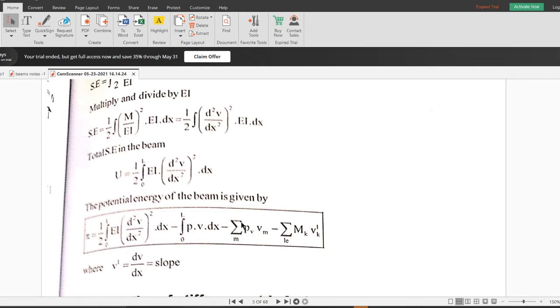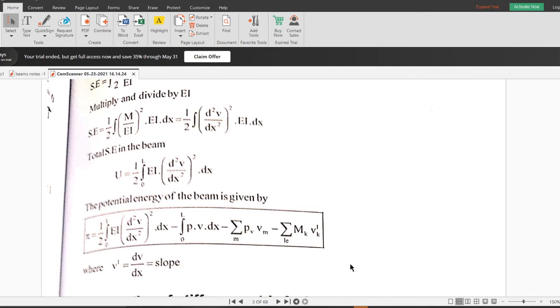The work potential for a point load is the summation of p into v at m. And for the bending load, that is the bending moment, it is M into v, where v stands for deflection. Force into displacement will give the work potential. Work done is nothing but force into displacement.